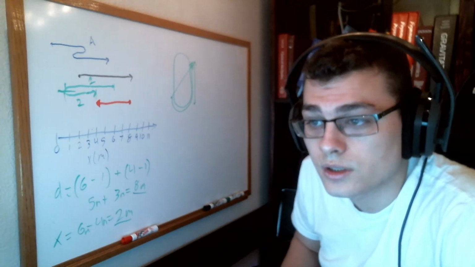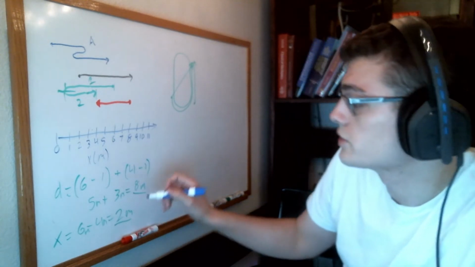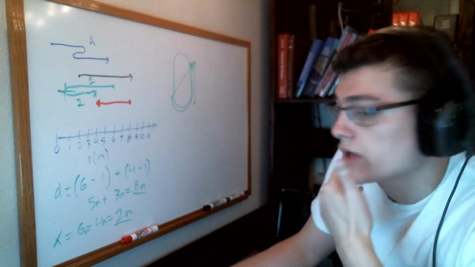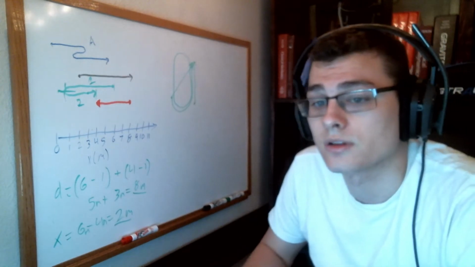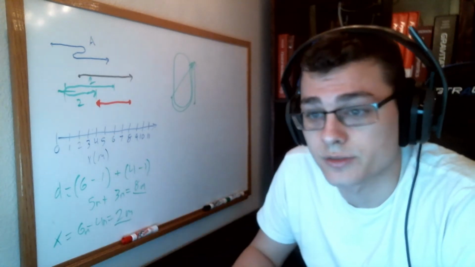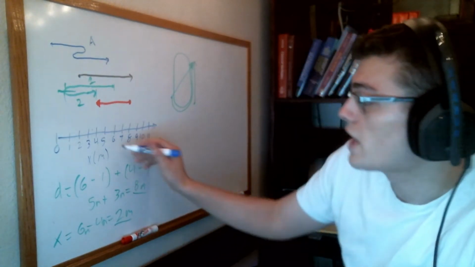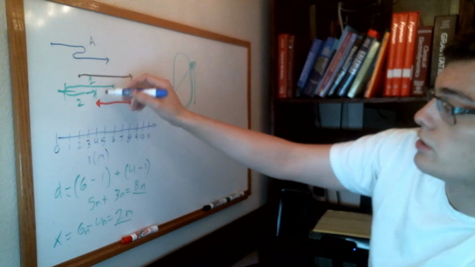So now we have to talk about, so this was just our magnitude, right? We went 2 meters. But if we're talking about the displacement rather than the magnitude of this displacement, we have to account for direction here. So we were at 6 meters, and then we went back to 1 meter and then to 4 meters.